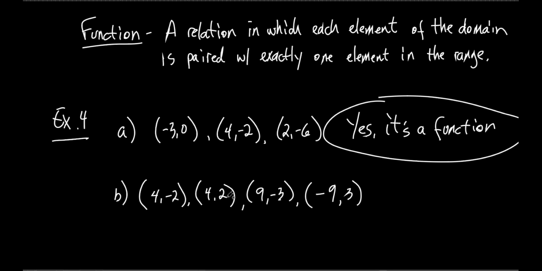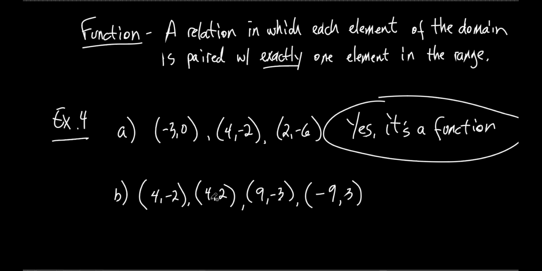What are you thinking so far? It's not a function, that's right, because this 4 goes to -2, but this same 4 also goes to 2. Is that unique? Is that one of a kind? No. Okay? It doesn't go to exactly one element in the range. That's 2 things that 4 is relating to. 2 different things.